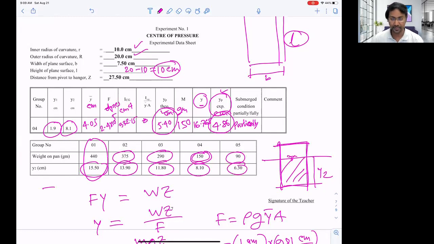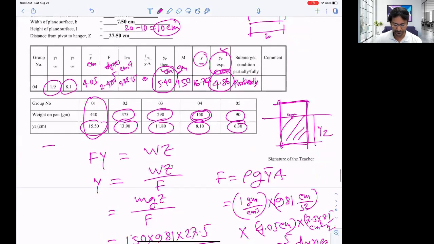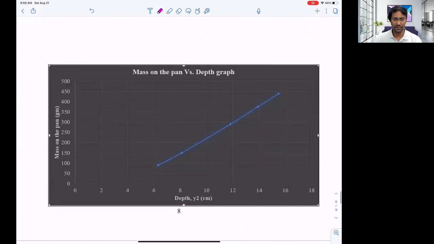So if we just want to see how it varies, then we need to plot the mass on the pan against y2, the depth of water. Then we'll see this graph. This graph is showing along the x-axis the depth of water. If you increase the depth or decrease the depth, you see the mass on the pan.